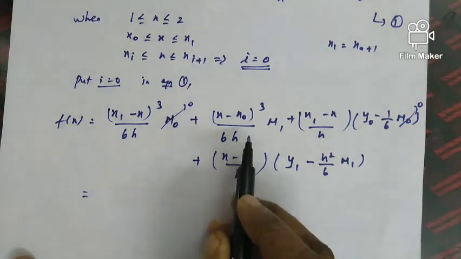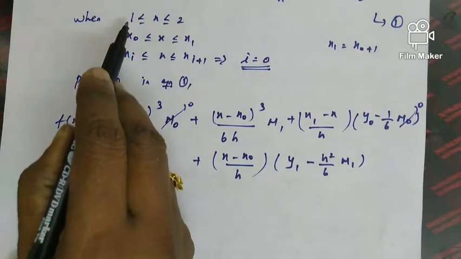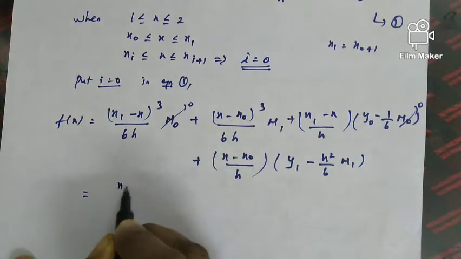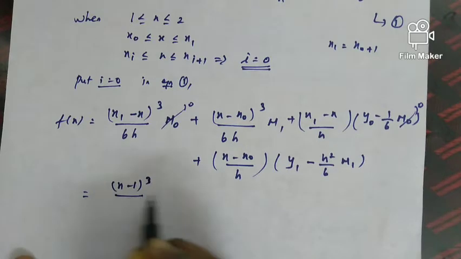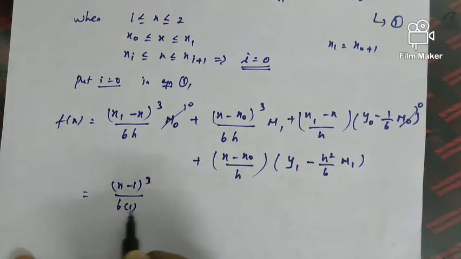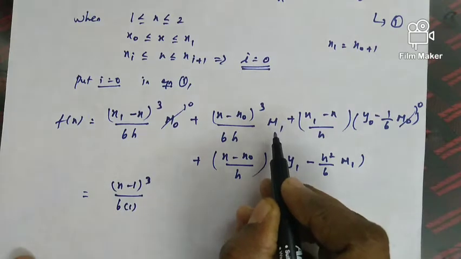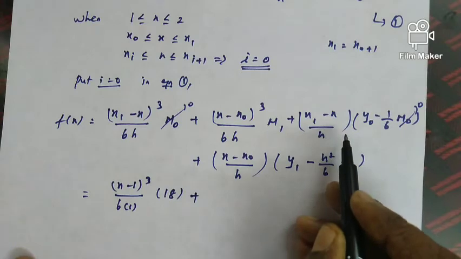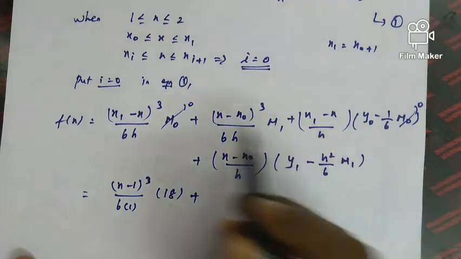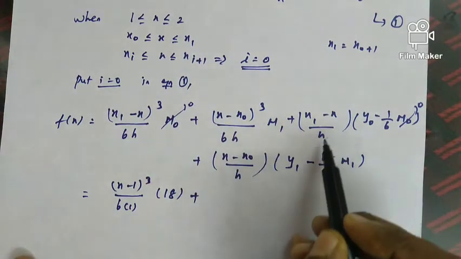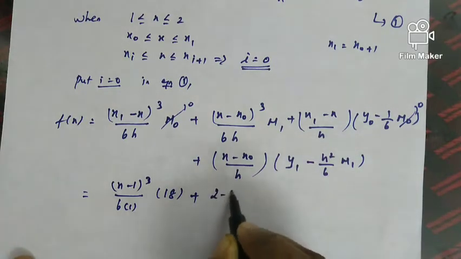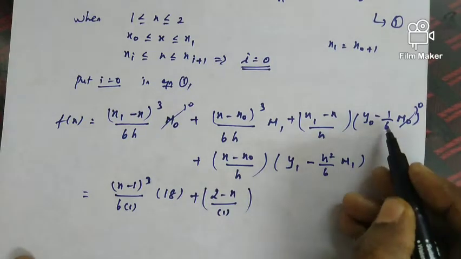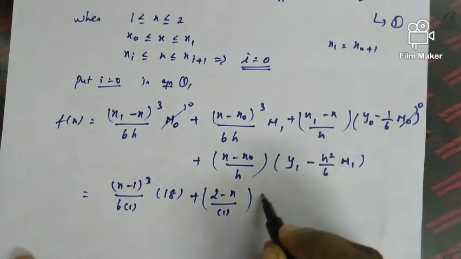So x minus x0. What is our x0? x0 is 1. So (x minus 1) whole power 3 by 6 into 1, and m1. What is our m1? m1 is 18. Plus x1 minus x. What is our x1? x1 is 2. So 2 minus x divided by h, h is 1, into y0.